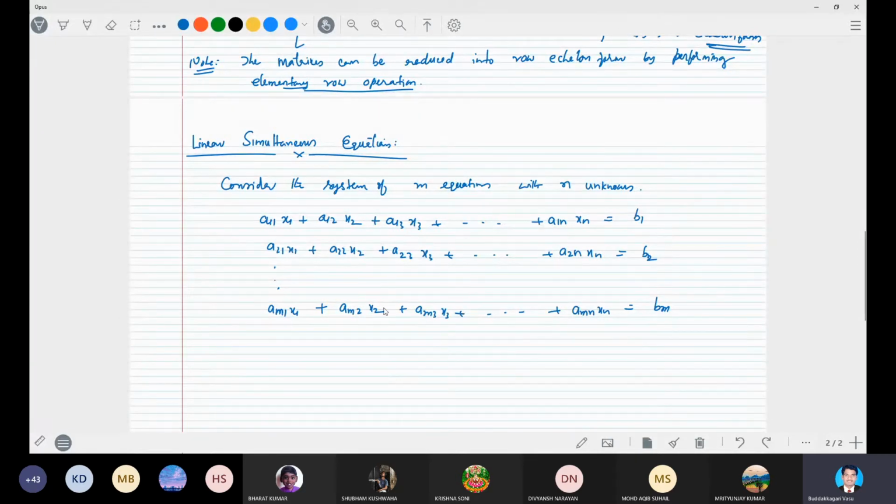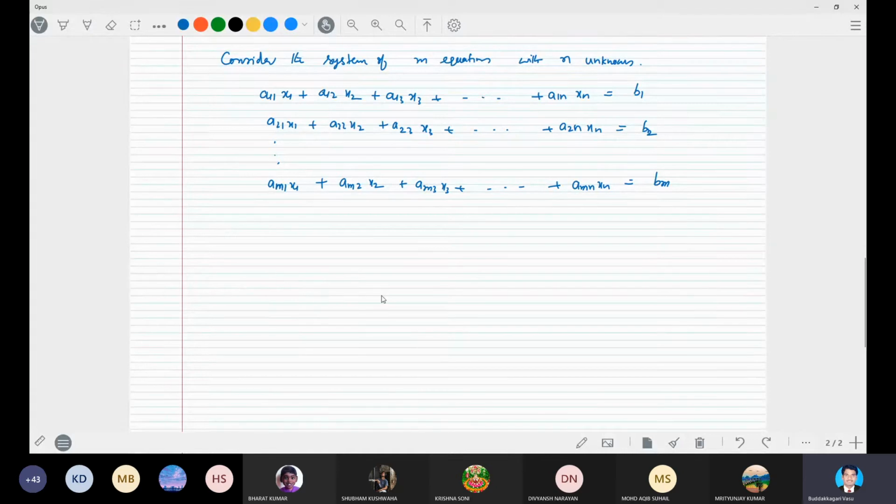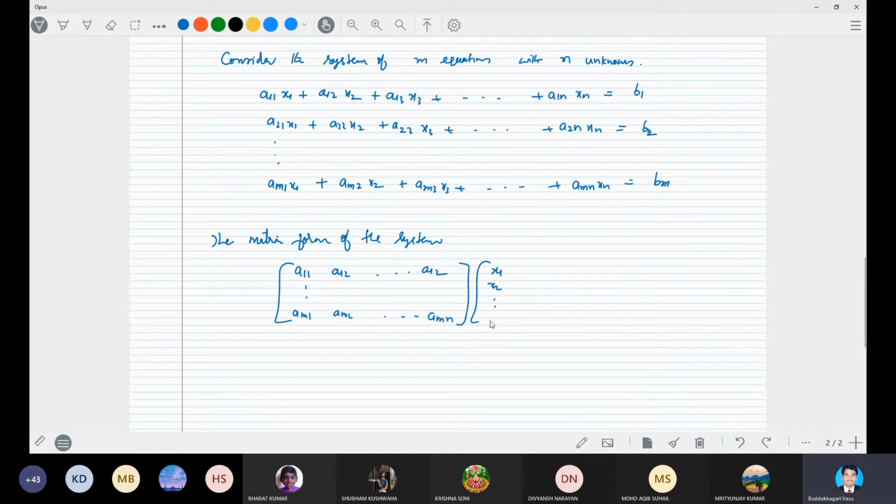This system can be written in matrix form. How can we write the matrix form? We can write it as the matrix with rows a11, a12, so on, a1n, so on, am1, am2, so on, amn, multiplied by x1, x2, so on, xn, is equal to b1, b2, so on, bm. This is the matrix form of the system.